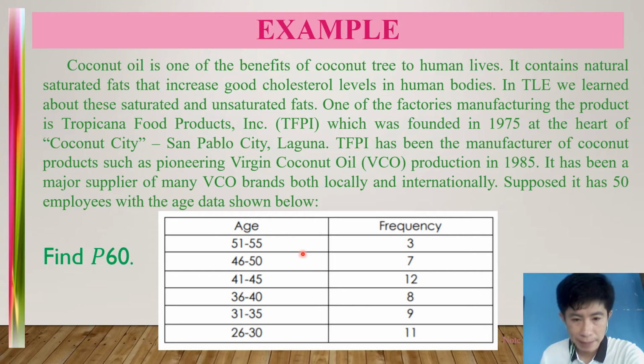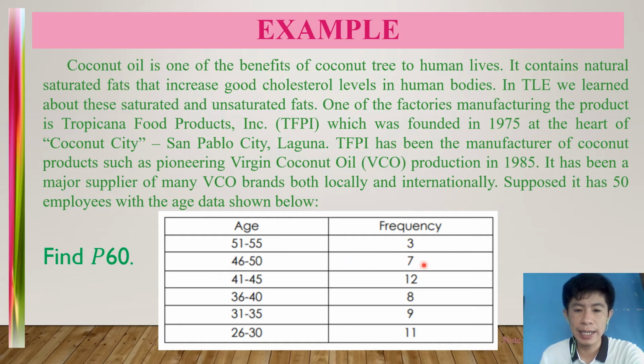This means that of the employees, ages from 51 to 55, 3. So among the 50 employees, 3 of them are ages 51 to 55.